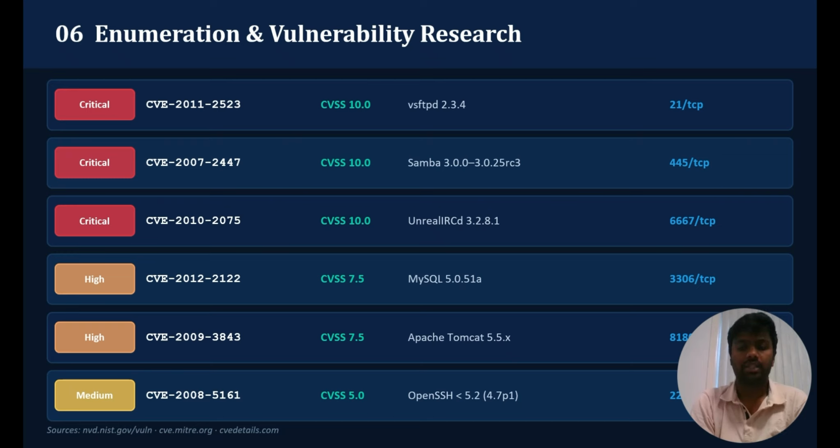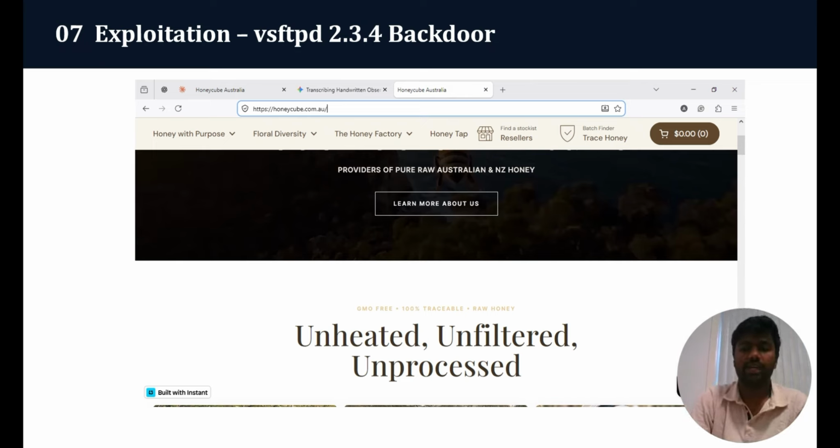These vulnerabilities were prioritized based on their CVSS scores to determine which posed the greatest risk. For our demonstration, we selected the VSFTPD 2.3.4 backdoor vulnerability using the Metasploit framework. We configured the exploit module to target the vulnerable FTP service on the Metasploitable machine.